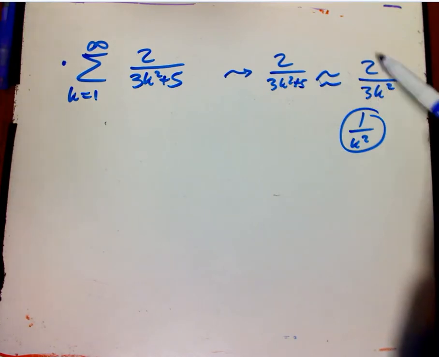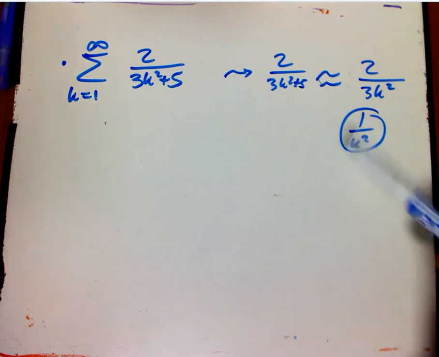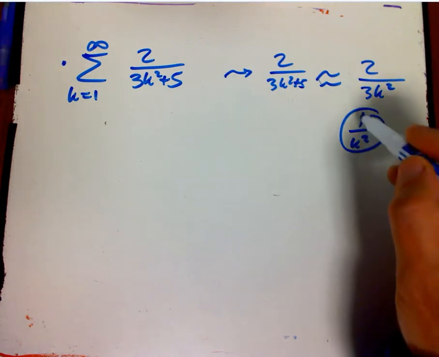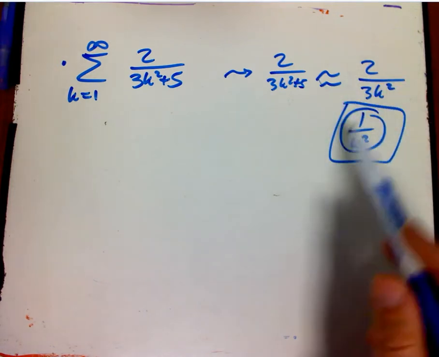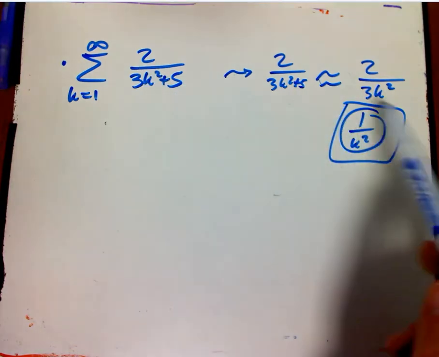And constants only affect the actual answer for the sum, not whether it converges or not. So basically this is like 1 over k squared. That's the first step you want to do: isolate roughly what this is behaving like as it goes to infinity. So we would like to show that this is better than 1 over k squared.